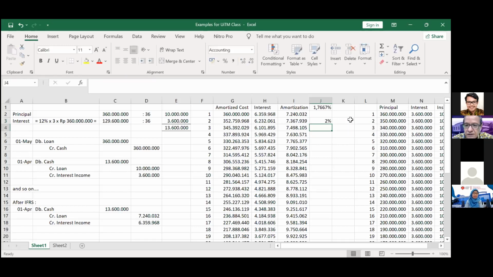So this is what is called the effective interest rate.